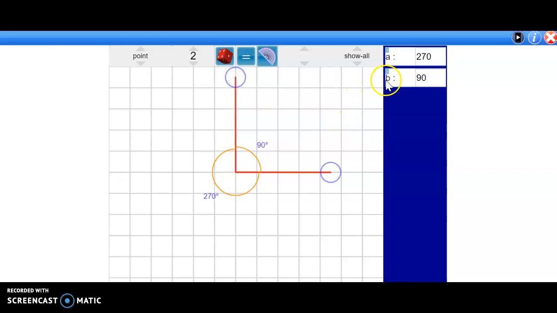Again, you can hide one of the values and give yourself some examples to practice with. If angle A is 210 and the entire angle is 360, what is the value of B? 150.